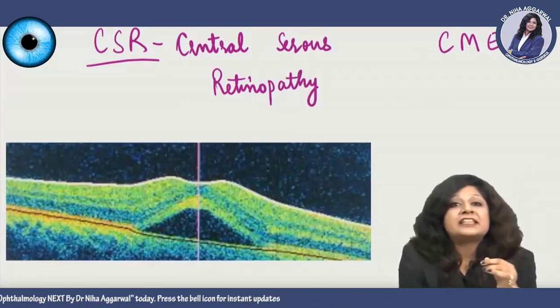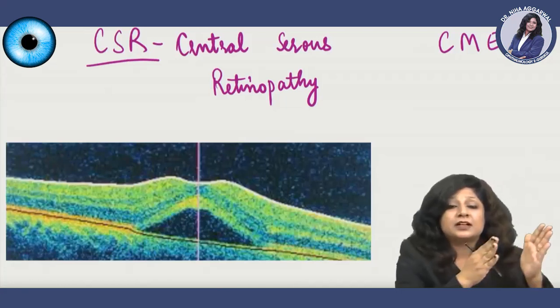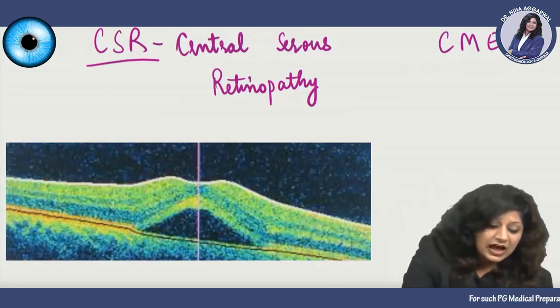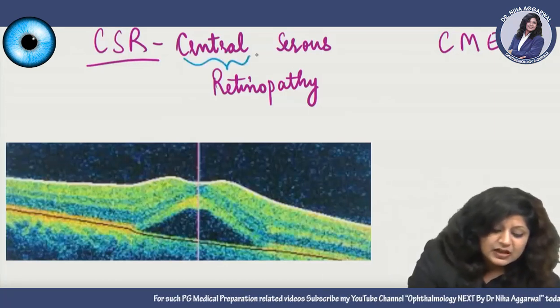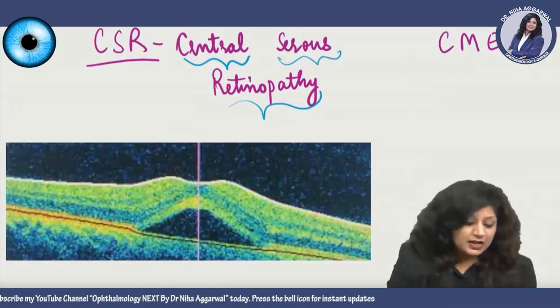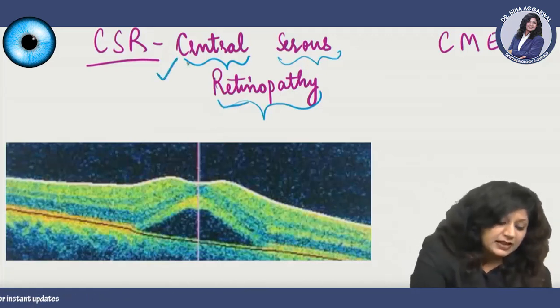Now what is the meaning of central here? You should be able to actually come from the name of that disease. How to interpret the disease from the name itself. Now the name is central. Central means the macula.